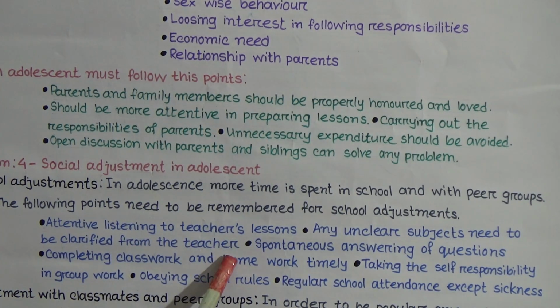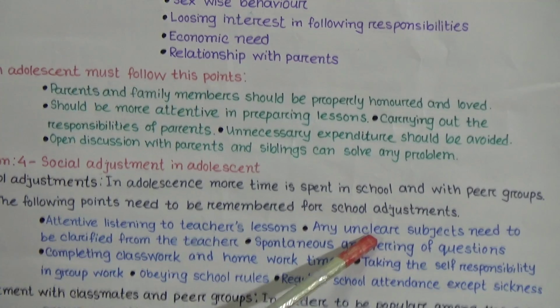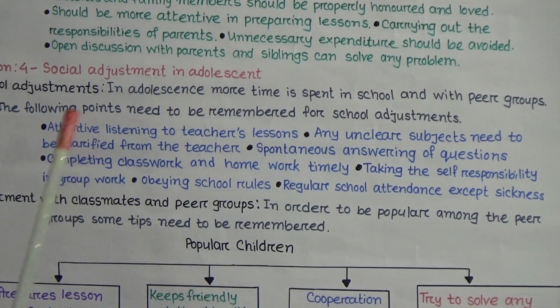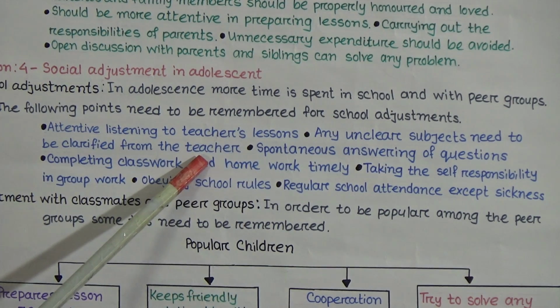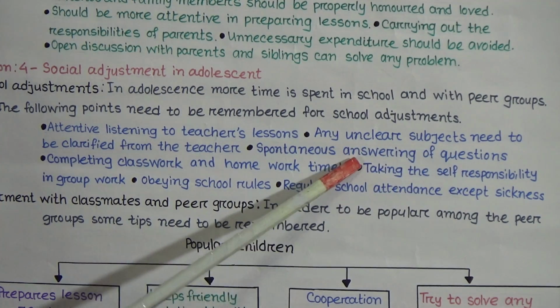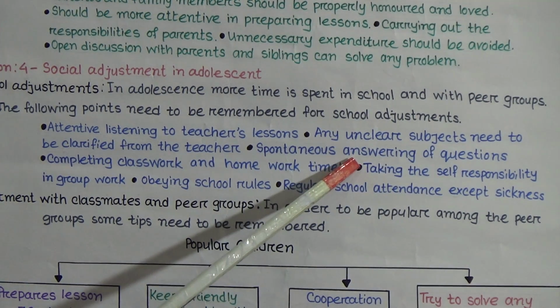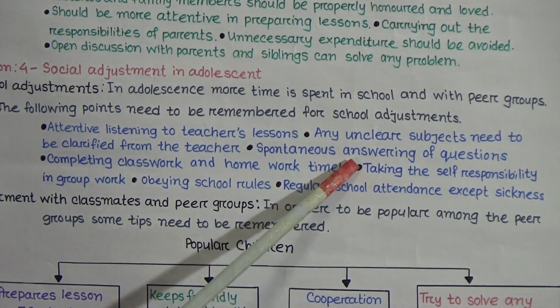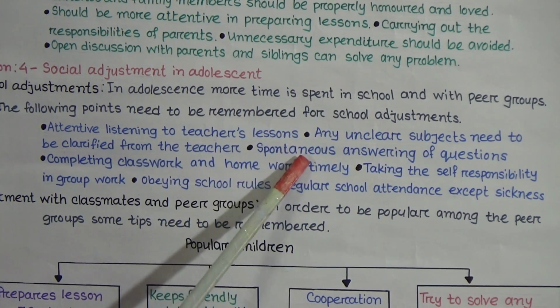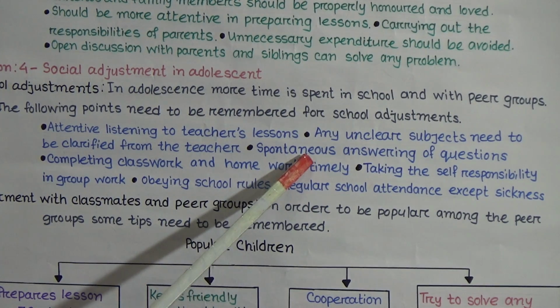If the topic is unclear or not easy, then he or she can get it clarified from his or her teacher. Spontaneous answering of questions. You have to ask your teacher to know the answer to your query, so you have to participate spontaneously.